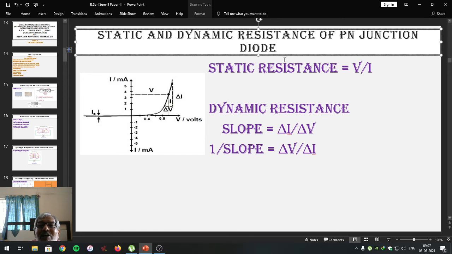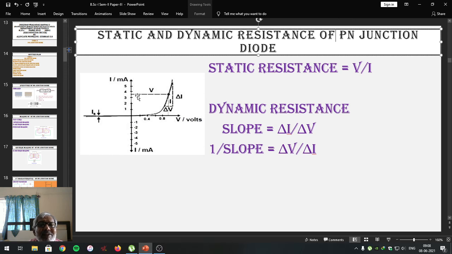V upon I represents the static resistance. Is it clear? Static means steady resistance. At a particular point, the value of resistance is calculated. What to do? Let us consider any point on the characteristic curve. You may consider anywhere on the curve.